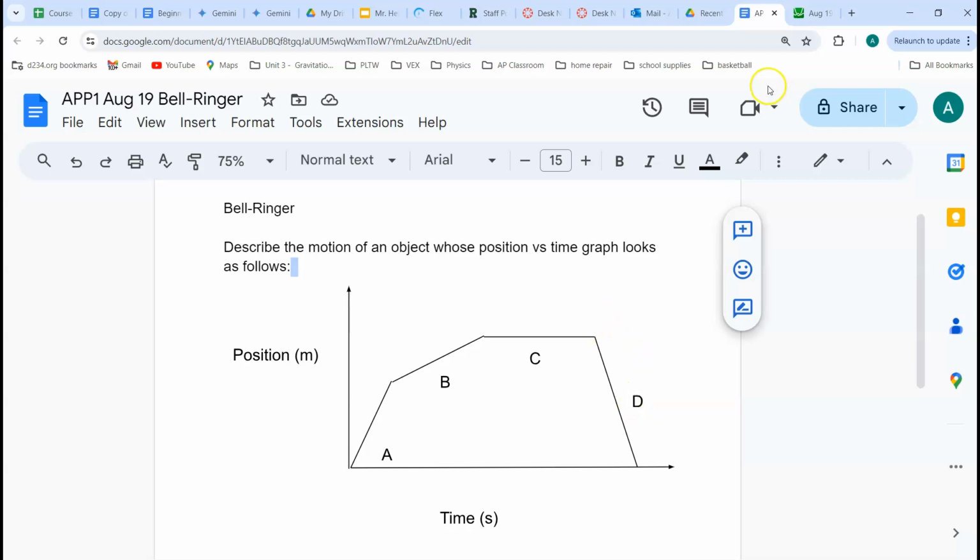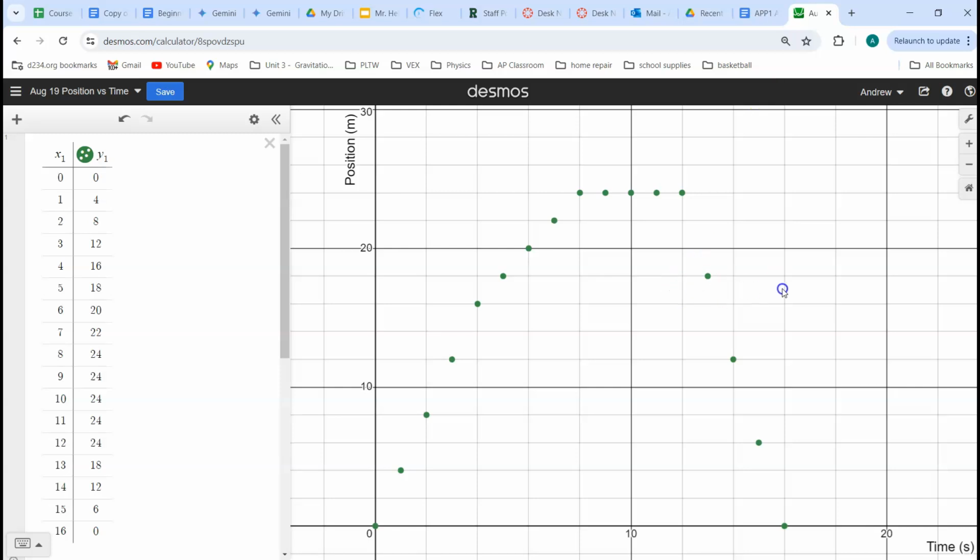So what we did is we built a little graph in Desmos to model this. We see the person started off at (0, 0), went to (1, 4), (2, 8), (3, 12), (4, 16), which means that the position increased by 4 meters every second. You can see that information here in the table.